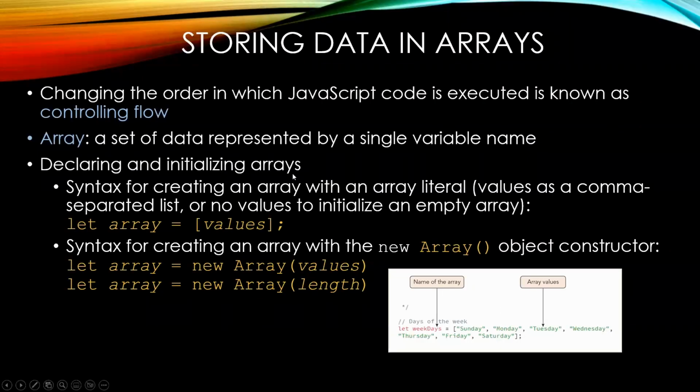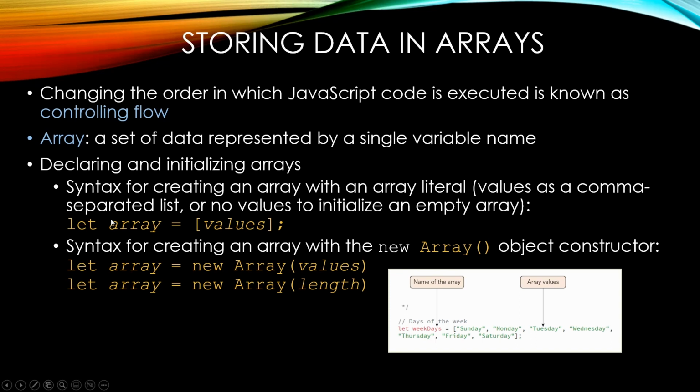We are able to store data in a data structure called an array, which is a set that is represented by a single variable name. And in order to do that, typically they're related in some way, shape, or form. And the way that we do that is we use the word let again, just as we do with our regular variables.